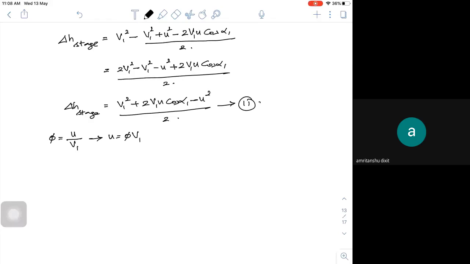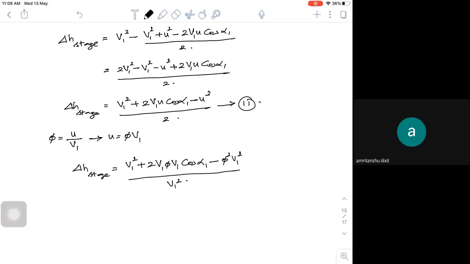So delta H stage is equal to V1 square plus 2V1. What is U? U is nothing but your phi into V1, cos alpha 1 minus phi square into V1 square, whole thing divided by V1 square.